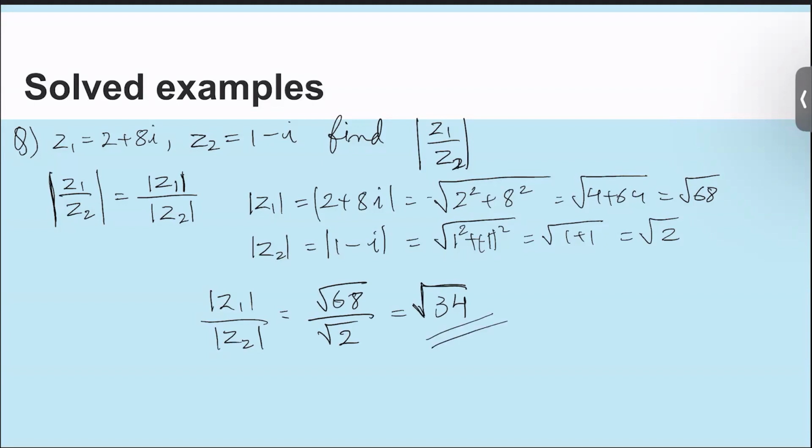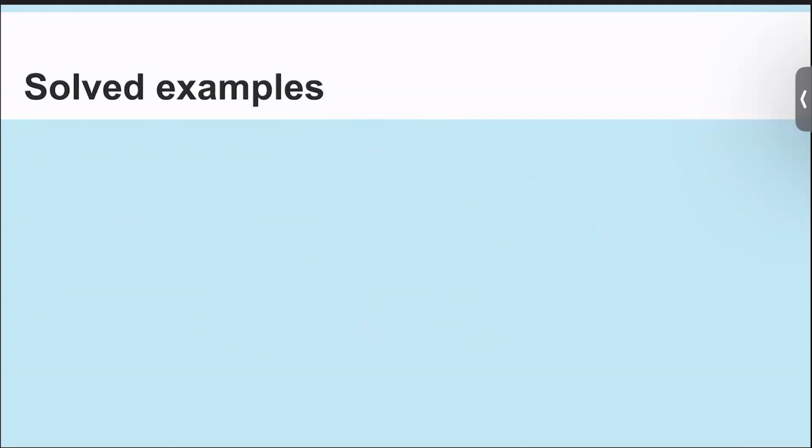You can do it in this form also, or alternatively you can first find the solution for Z1 by Z2 and then get the modulus of the solution that you get. Okay, so you can do that too alternatively.